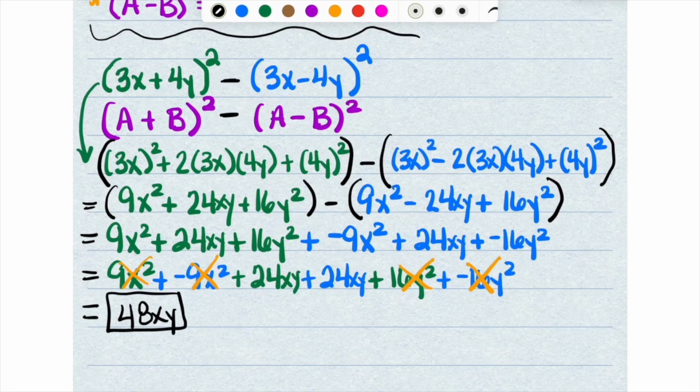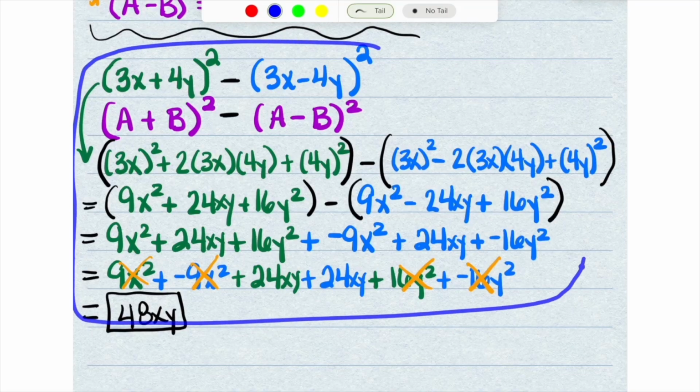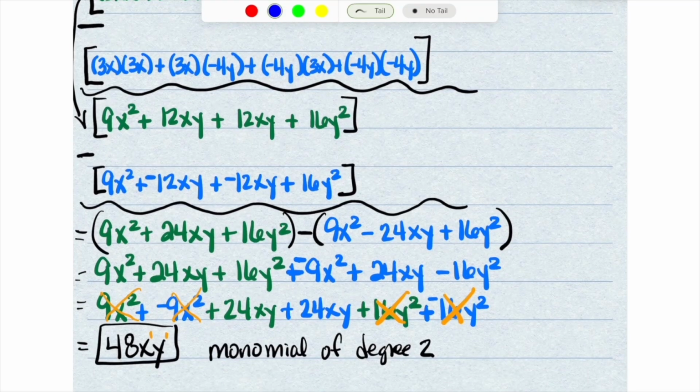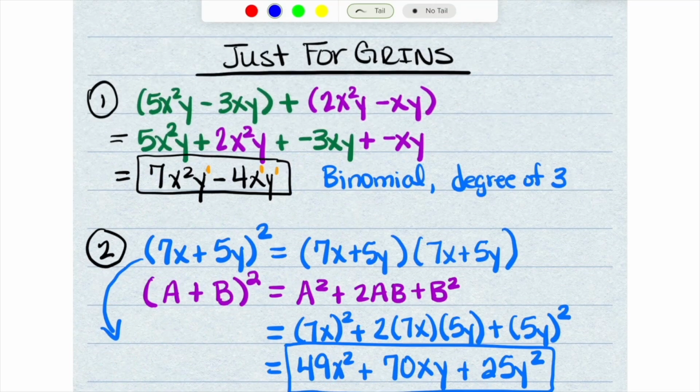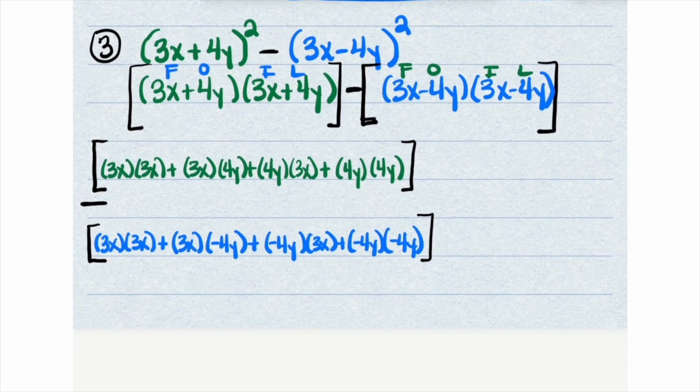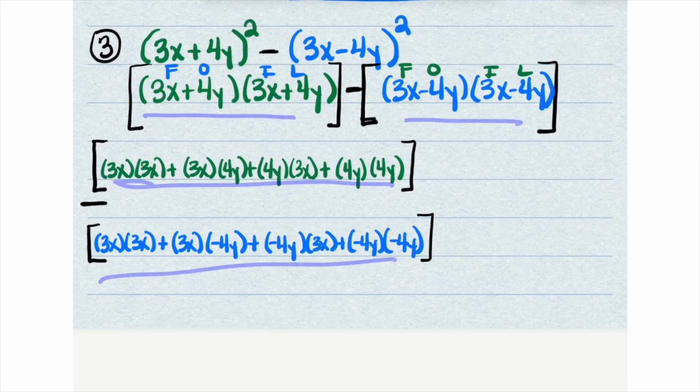So that's where I'm talking about the properties save you, because if you notice, this was our work here by using the two properties, but this was our work when we didn't use the two properties. We started here. Okay, we foiled that, we got this whole thing minus this whole thing.